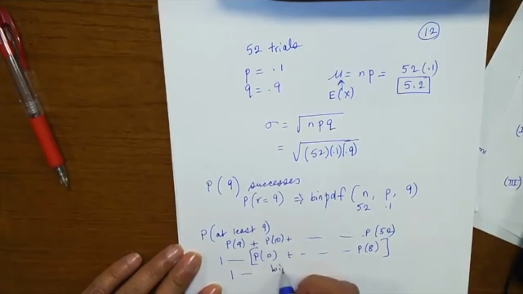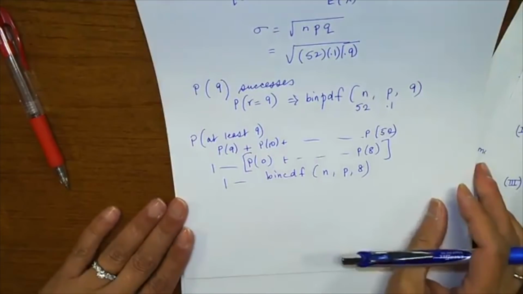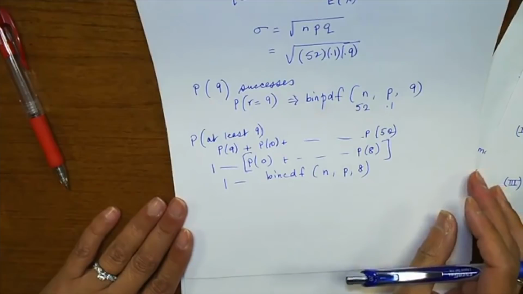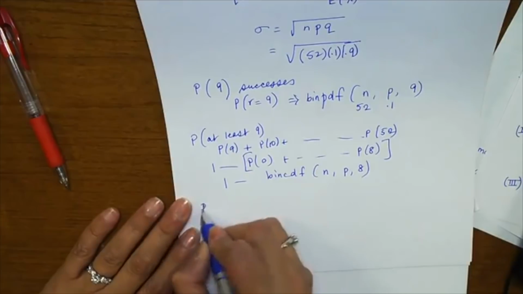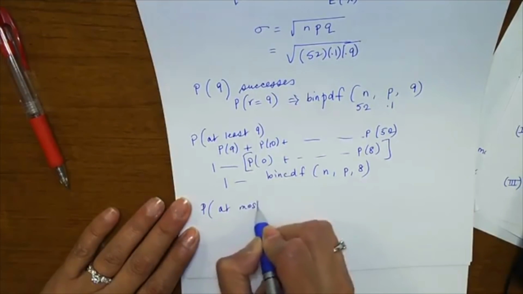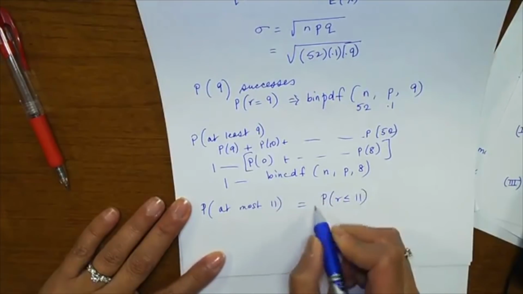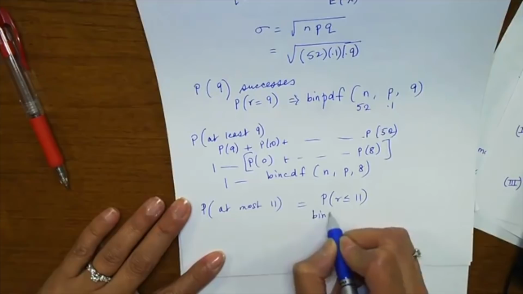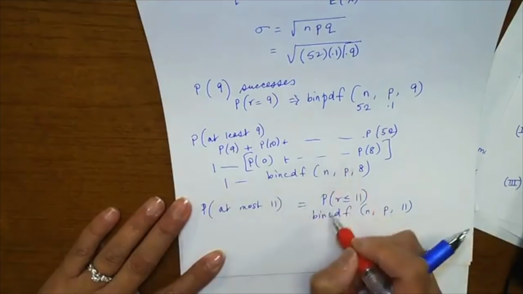That's 1 minus binomial CDF N P 8. You get it, right? Okay, what about at most 11? That's equal to probability R less than or equal to 11, which is binomial CDF N P 11. CDF for cumulative.